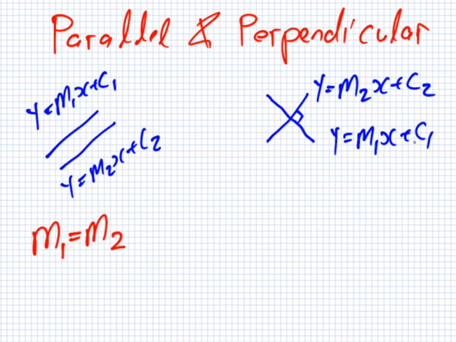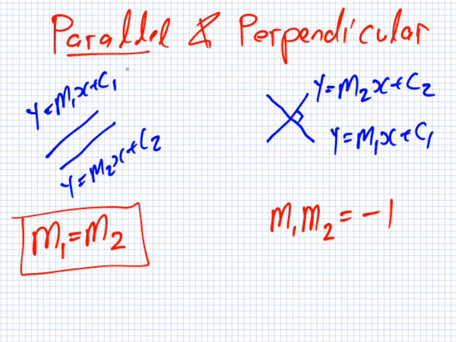So here in parallel you have m1 equals m2. The slopes are the same.